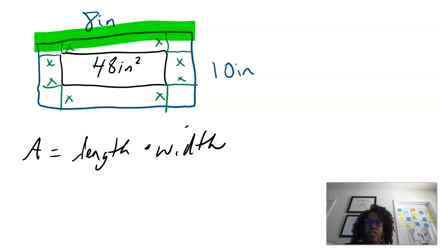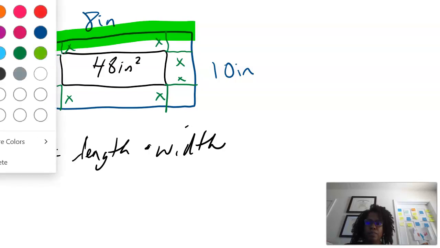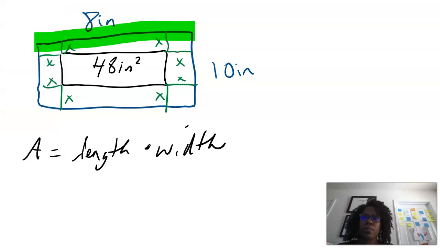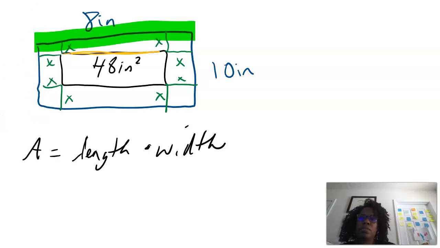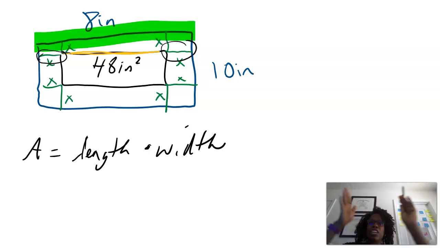And now if we want to determine this portion, which I just drew in yellow, we would do 8, and then we'd have to take away this length and this length, because obviously the glass doesn't go from end to end.